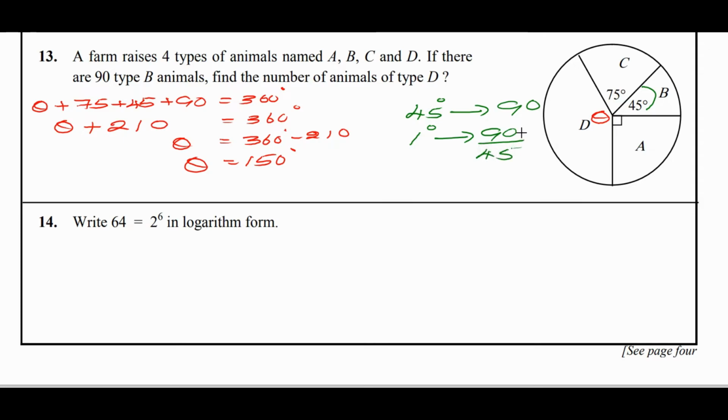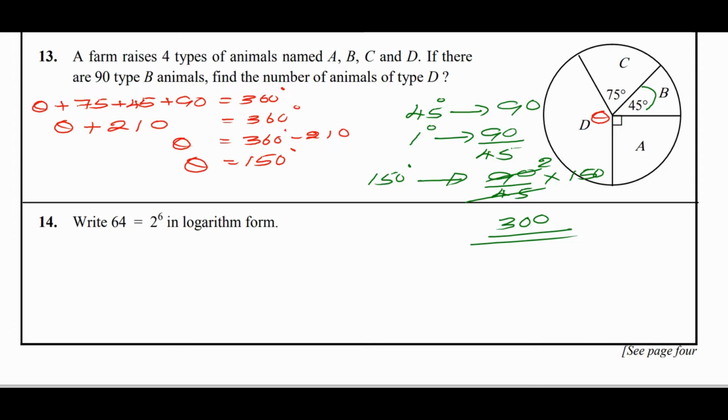Then the angle related to animals of type D is 150. Therefore, 150 represents 90 divided by 45 into 150. We can cut 45 and 90. 2 into 150 means 300 animals. Therefore, the number of animals represented in D is 300 animals.